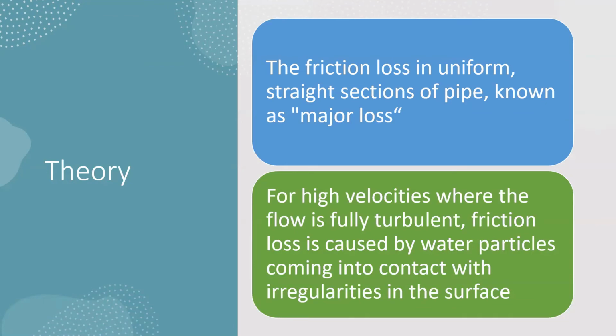For high velocities, where the flow is fully turbulent, friction loss is caused by water particles coming into contact with irregularities in the surface of the pipe, and the friction factor itself is a function of surface roughness.